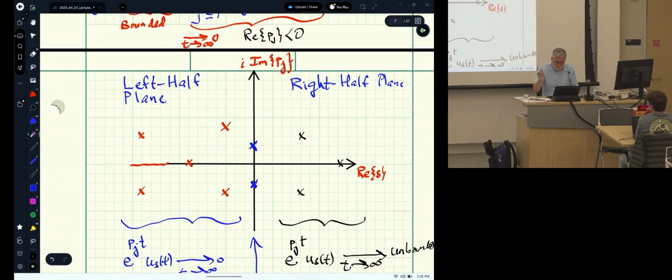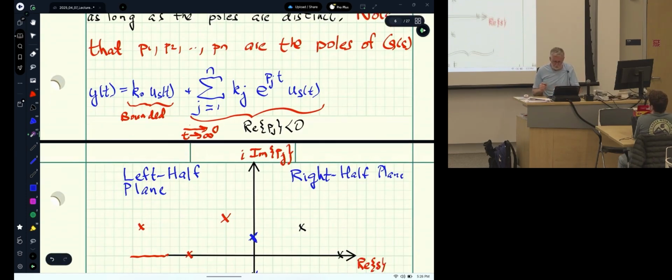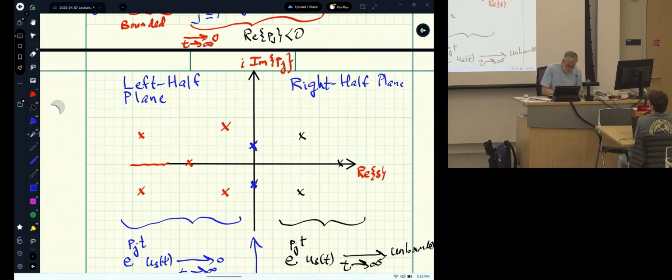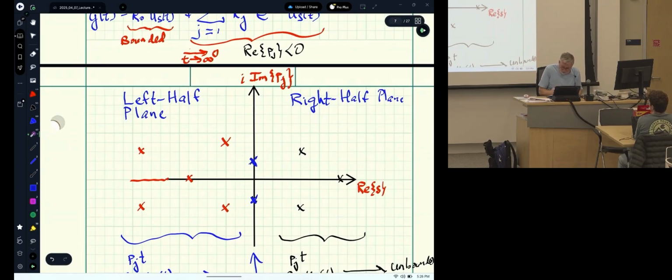I show in the book that if you choose an input that is not a unit step, but is a sinusoid, and it has this frequency, so this would be an omega naught, right? And a minus omega naught.